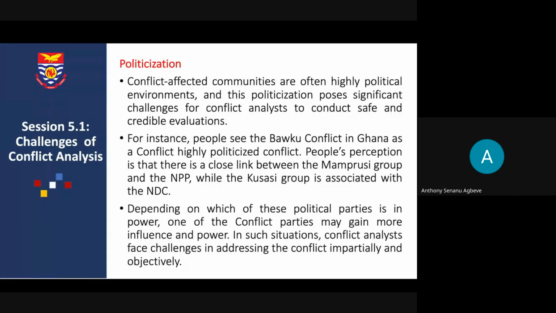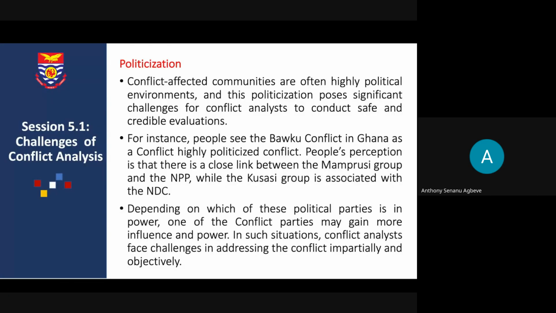So depending on which party is in power, one conflicting party will gain more influence and power, right? So in such situations, as a conflict analyst, you may face a lot of challenges when you want to address this conflict impartially and objectively.